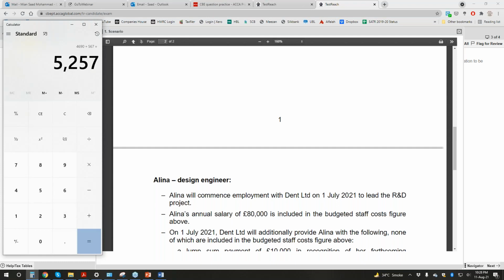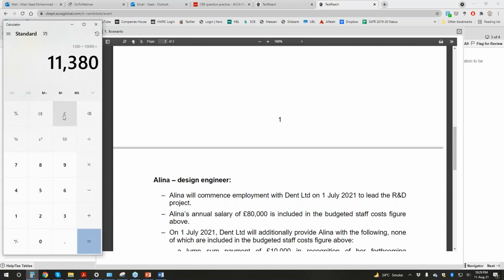Now this 5,257 can completely be deducted as an expense and will provide 19% corporation tax saving to the company. Apart from that, there was another thing mentioned in the question that they were providing to Alina, and that was a lump sum payment of 10,000. But there is 13.8% NI on that. So 1,380 NI plus 10,000 actual payment, 11,380.